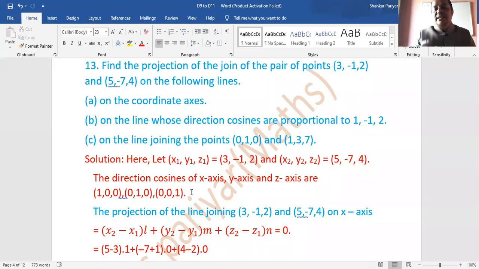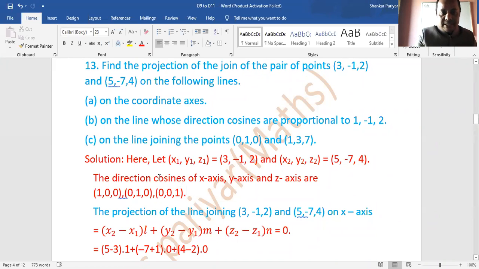Therefore, the directional cosines of the x-axis are 1, 0, 0, of the y-axis are 0, 1, 0, and it is already proved that those of the z-axis are 0, 0, 1. So this is the coordinate axes. You have to find the projection of a line on the x-axis, on the y-axis, and on the z-axis.